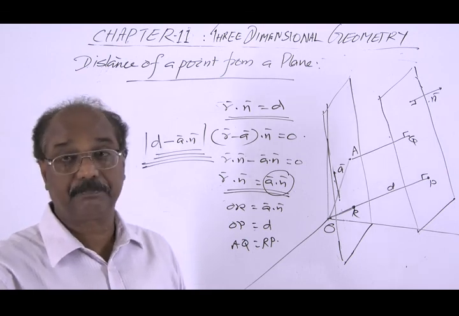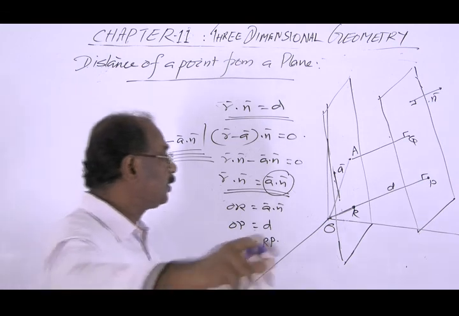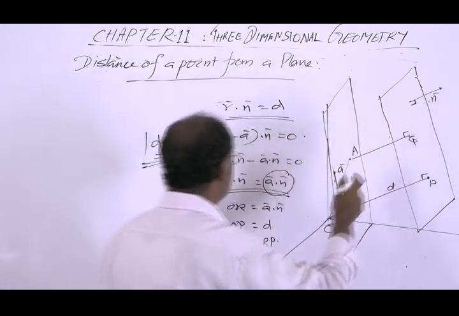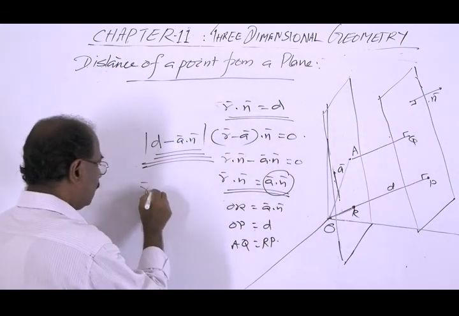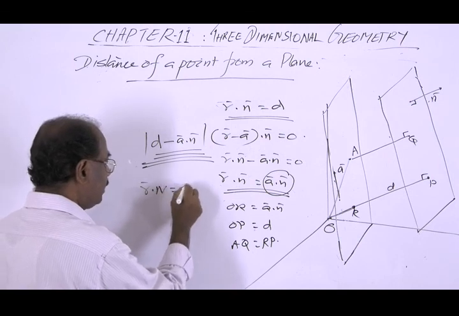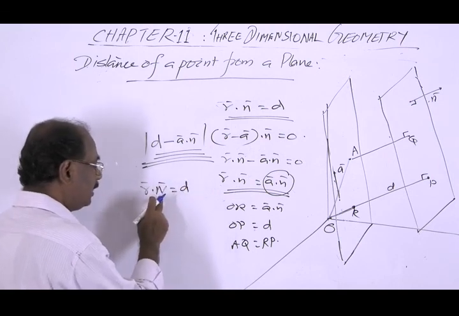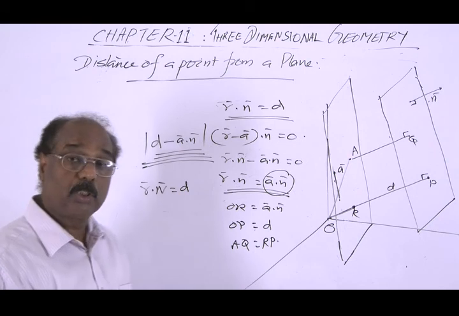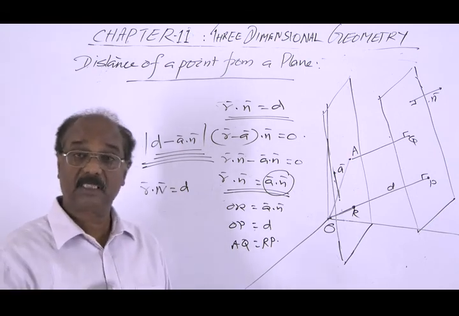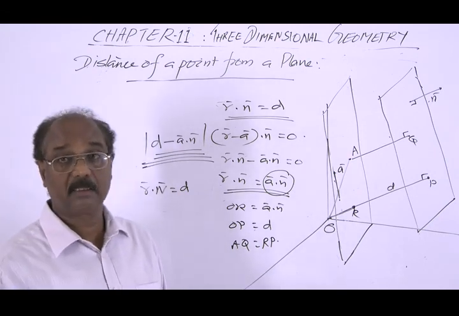And here, remember two results. Suppose the equation of this plane is given as r dot capital N is equal to d, where capital N is a normal vector but not a unit vector. It's a vector perpendicular to the plane.